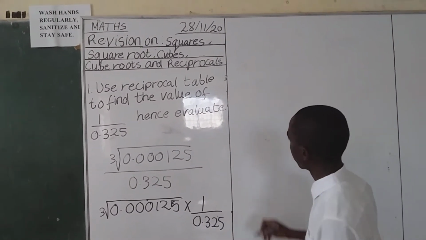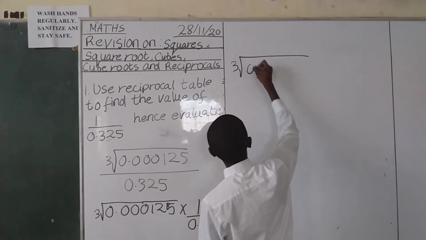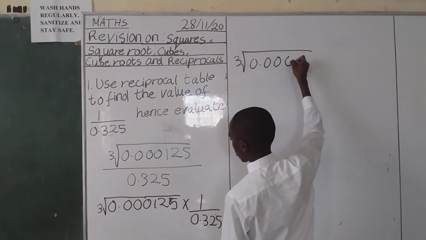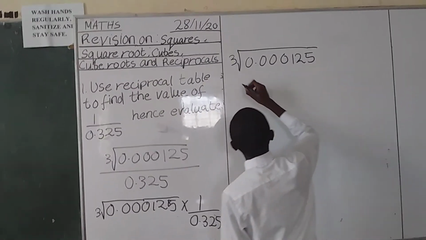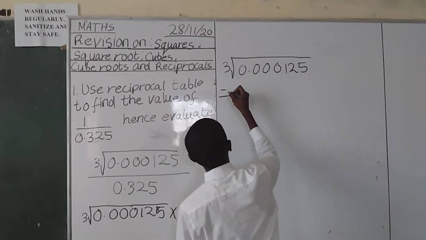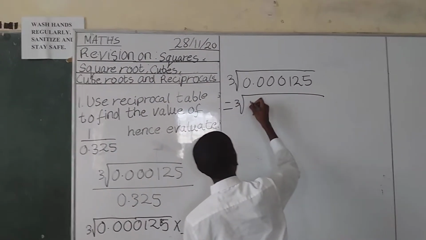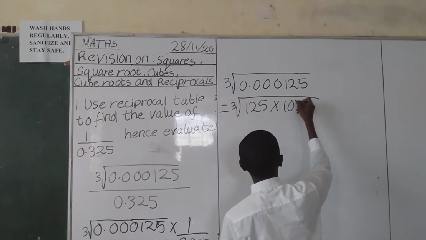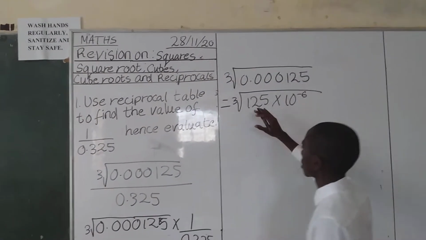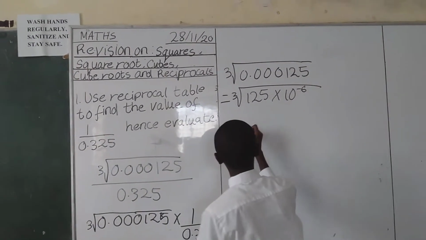To start off, we look for the cube root of 0.000125. We can write it down as 125 times 10 raised to power negative 6. Since it's simple mathematics, the cube root of 125 is 5.